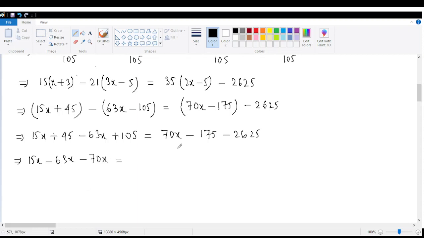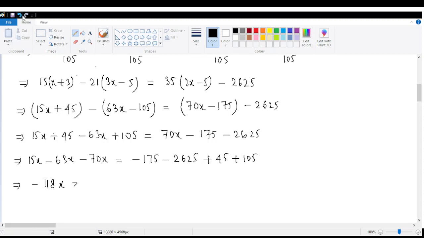And on the other side, you will now write negative 175, negative 2625, and here we are having plus 45 plus 105. Now, 15x minus 63x minus 70x, if you do the calculation, the value comes as negative 118x.